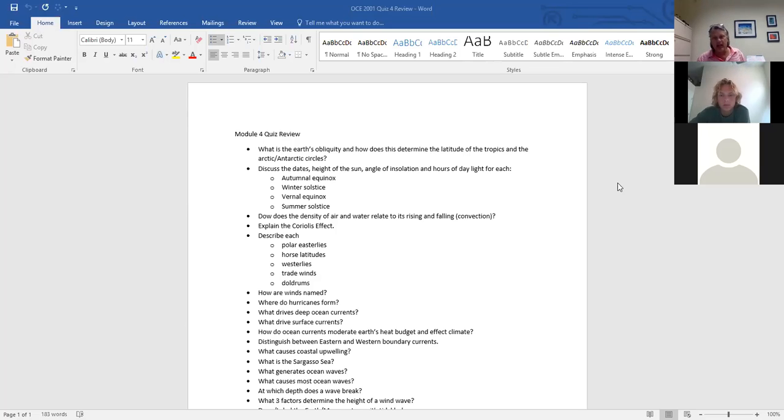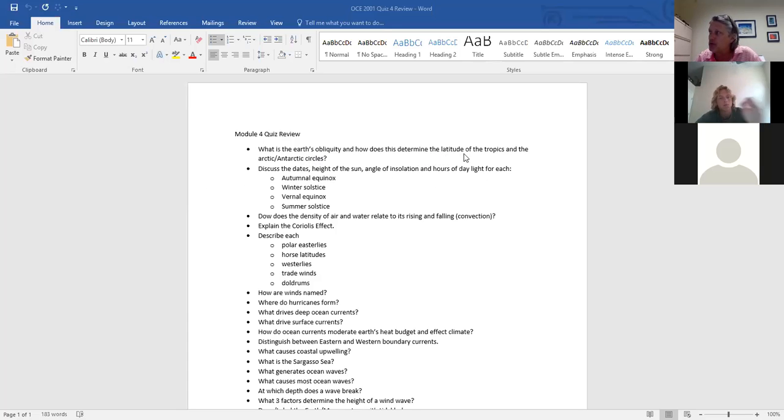Now, the Arctic and Antarctic circles are 23.5 degrees from 90, which means they're 66.5 degrees north or south. And that fact again lends to the cooler climate because the angle of incoming solar radiation is a very steep angle, so it's cold. So Earth's obliquity is the tilt.